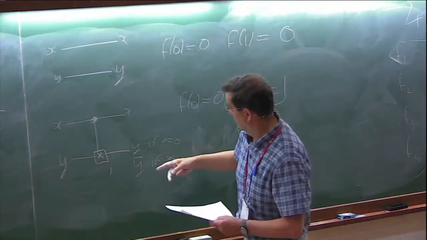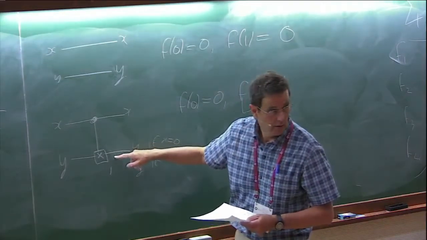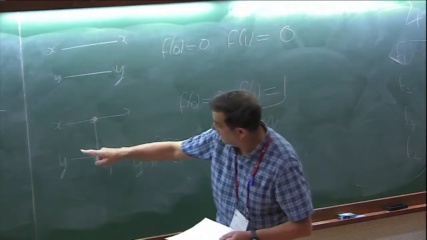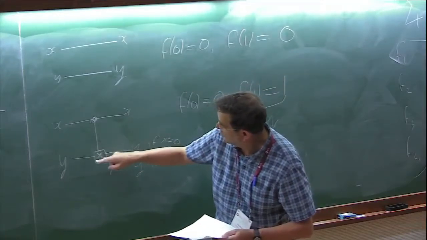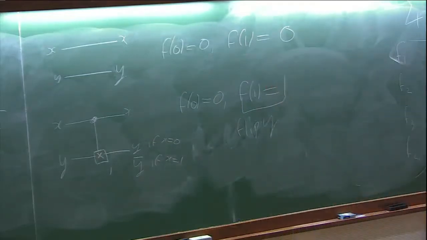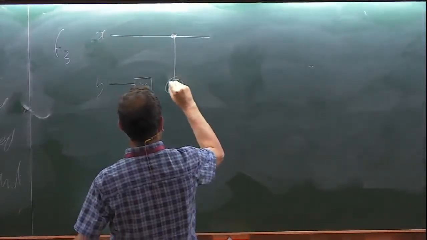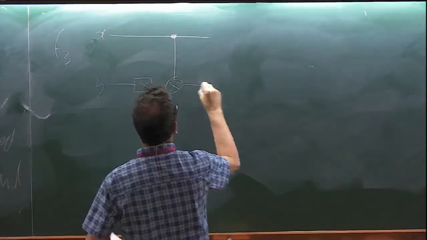Y flips if x equals 0, not if x is equal to 1. And I can get that if I insert an extra flip for y before this control NOT gate. So we flip y, and then we do the control NOT.